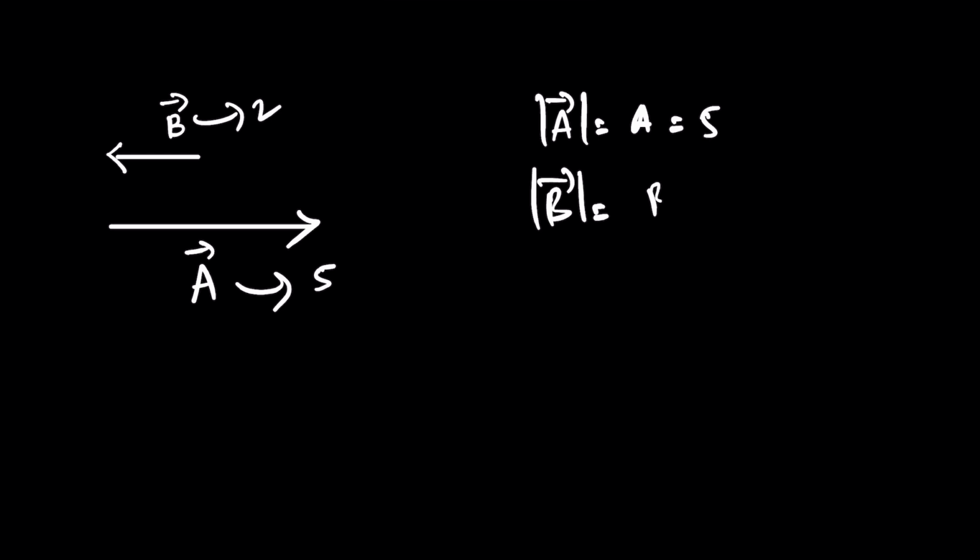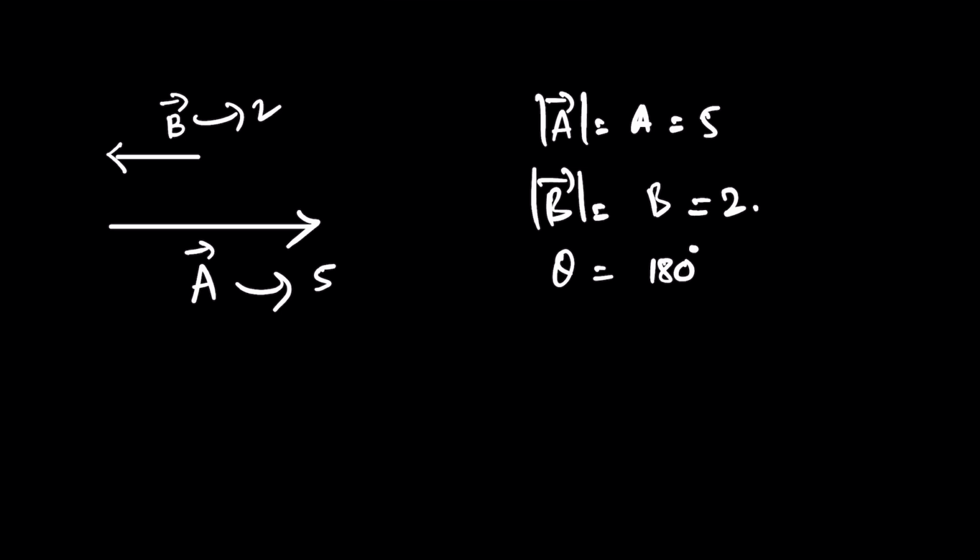Okay, what if they are opposite? Take A vector and B vector in opposite directions. A is 5 and B is 2, so A vector modulus, simply A, is 5, and B vector modulus, simply B, is 2. In opposite direction, what is the angle? 180 degree.